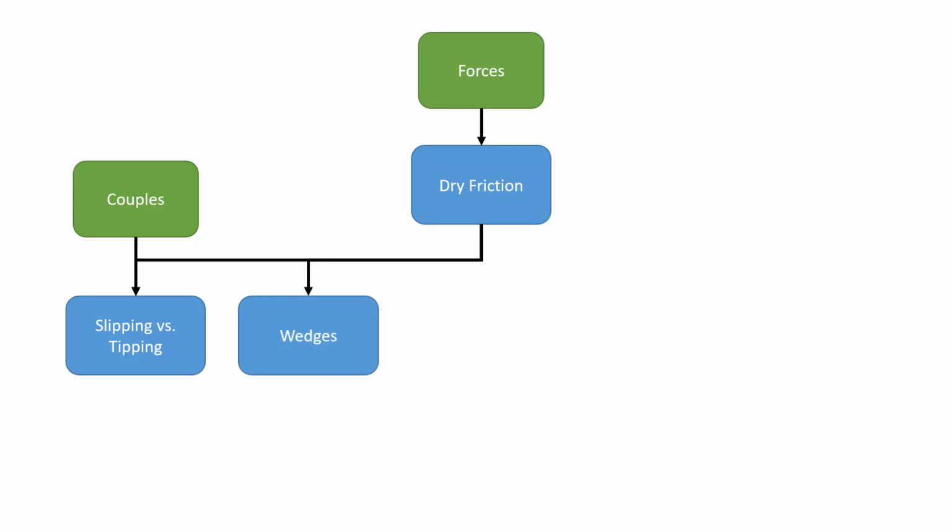Application number 2 is with wedges. A wedge is anything that's used to push between two objects. We can get a lot of separating force if we have a small enough angle on that wedge, but we're going to be fighting friction in many of these cases. At its core, it's equilibrium analysis plus a heavy application of friction.